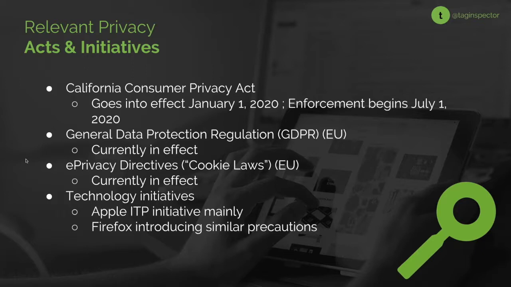So we'll touch on those, what they mean, how to address them, and some strategies to really think about as it relates to how technology itself is starting to combat privacy issues and really adhere to the privacy rights and requests of the various different users.